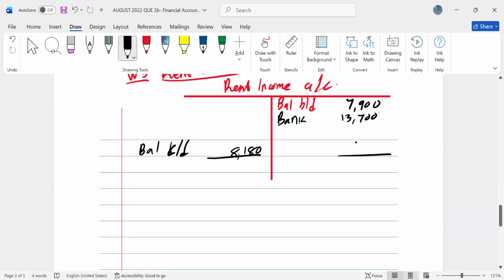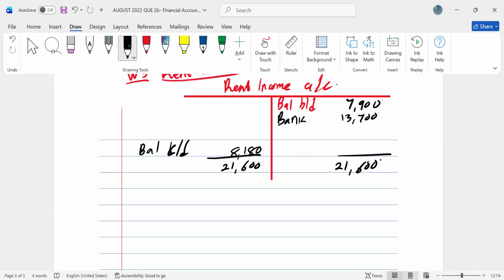If you add these two, this one is going to be the highest side. It will give us 21,600. This one must also give us 21,600. Now, what is the balancing figure?